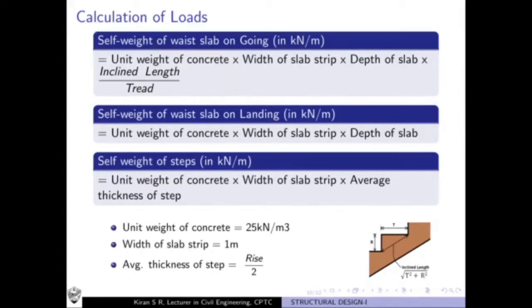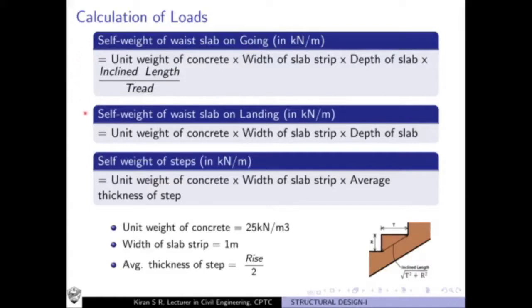And how do we find the inclined length? From this figure, you know the dimensions of a step, the tread and rise of a step. The inclined length of that step can be determined using this equation, square root of t square plus r square. So once you know the inclined length, you substitute it here and you can find the self weight of the waist slab on going. Okay.